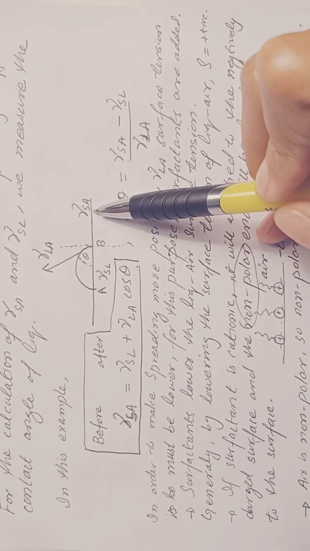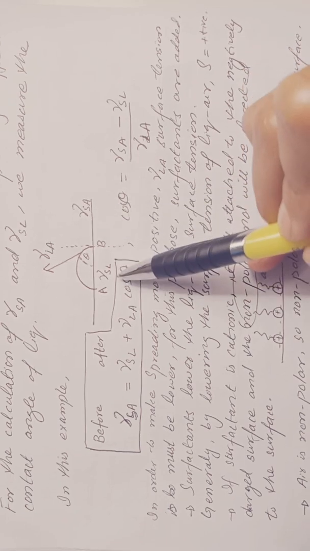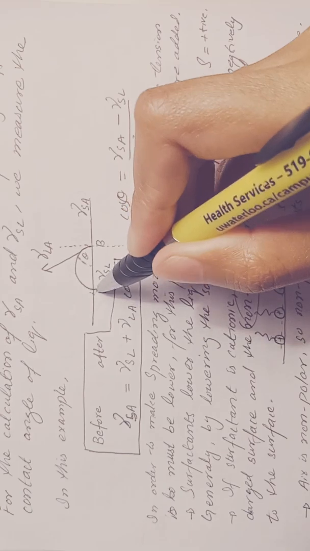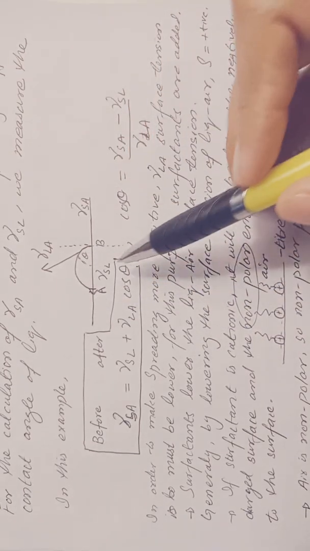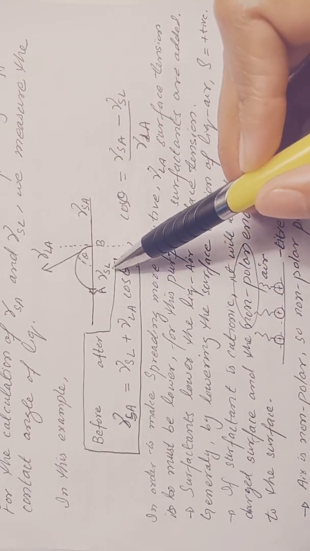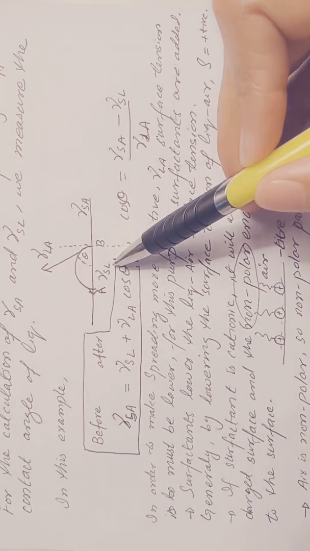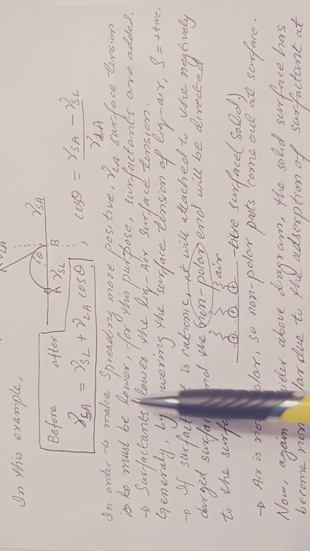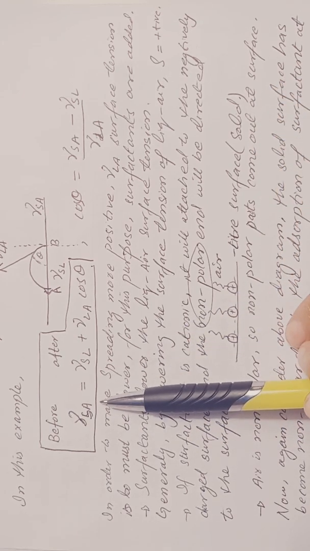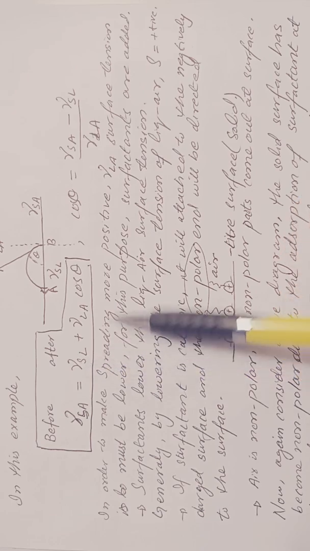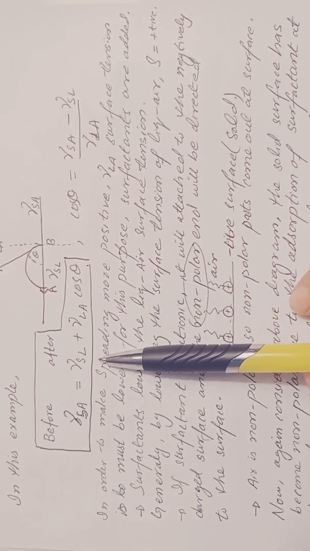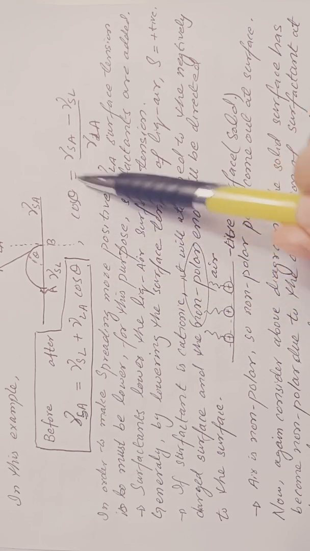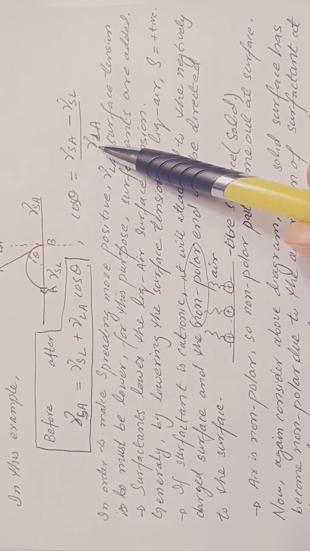Here we have the surface tension of the solid, whereas this one depicts the interfacial tension for the solid-liquid interface. For the system, the overall surface tension before and after drop casting is given using these formulas, which give the value of theta from this relationship.